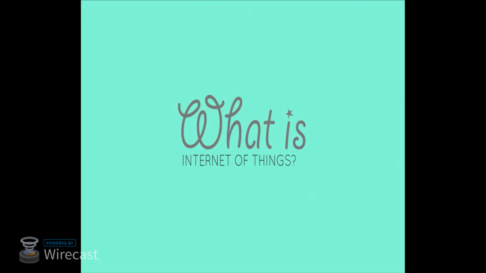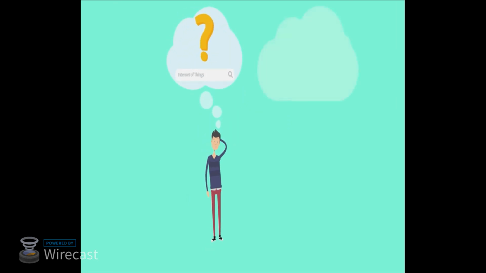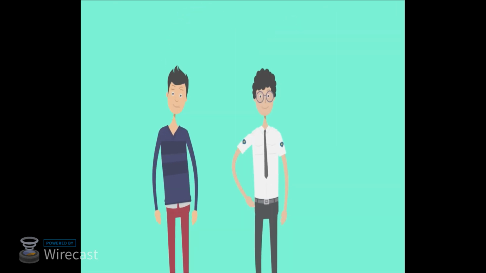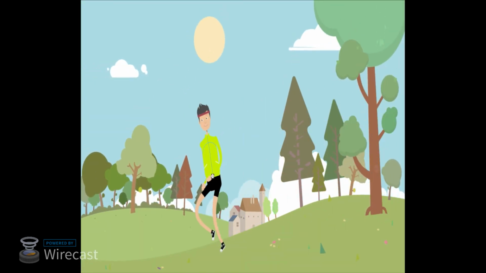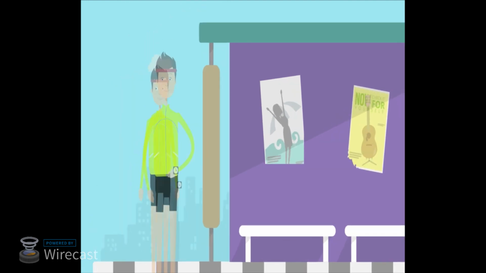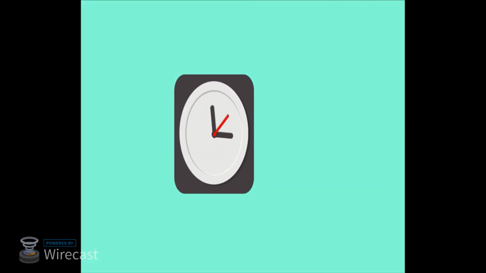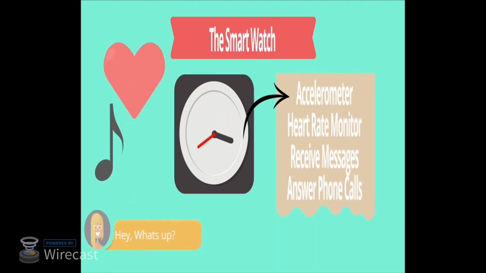What is the Internet of Things? Is it hardware, software, or both? Well, chances are you already have it in your pocket. It might be on your wrist. Recently popular are fitness bands with accelerometers and gyroscopes to monitor our activities and heart rate. Now we have smartwatches which do all of that, play music, and can answer messages.